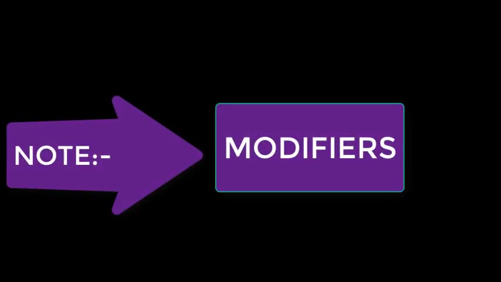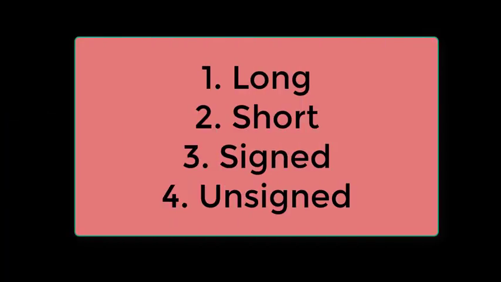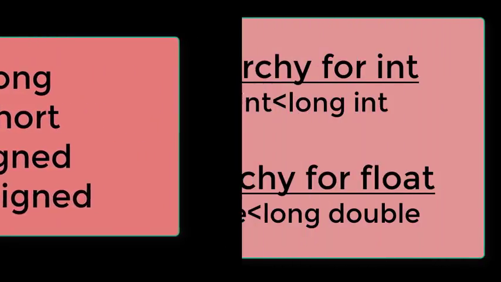There are 4 types of data type modifiers: long, short, signed, and unsigned. Long and short modify the maximum and minimum values that a data type will hold. A plain int must have a minimum size of short.